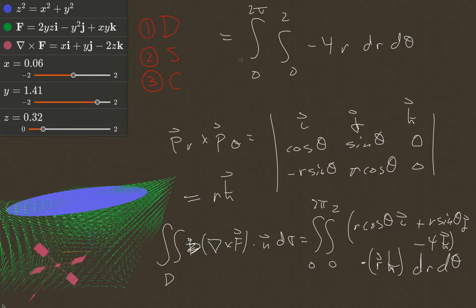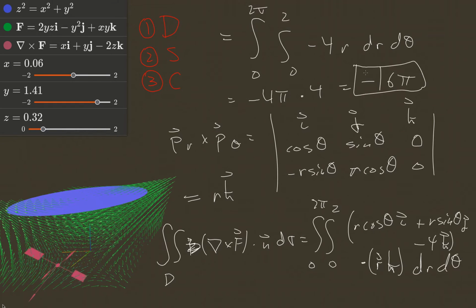So we get negative 2 pi out, this will be negative 4 pi times, and then a 2r is left over, so an r squared times 4. So yet again, we get negative 16 pi, as we should.